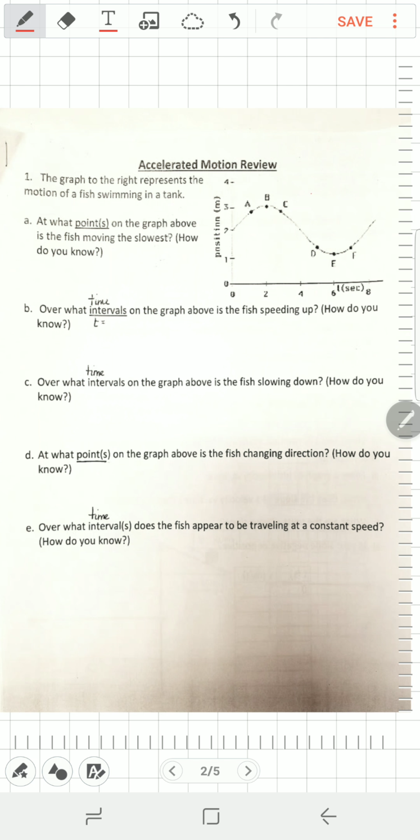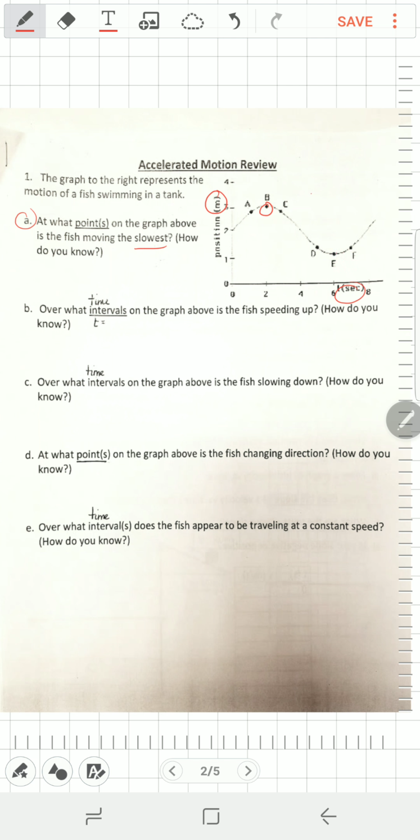At what points on the graph above is the fish moving the slowest, and how do you know? So let's answer this right here. Well, what's the slowest possible speed? The slowest possible speed is 0. So what we want to see is when they are moving at 0 meters per second. When do I see the flattest positions? Well, I see the flattest position here at this crest at B. It's moving 0 meters per second.